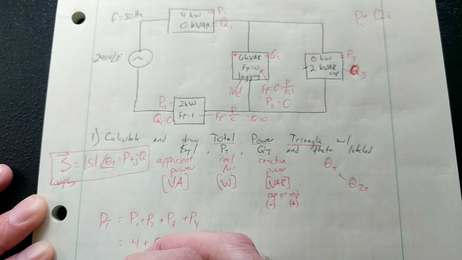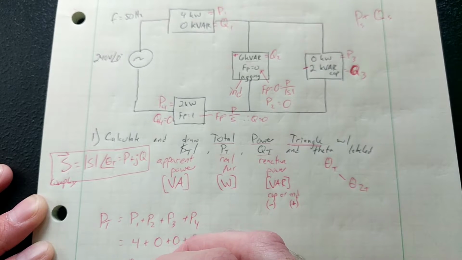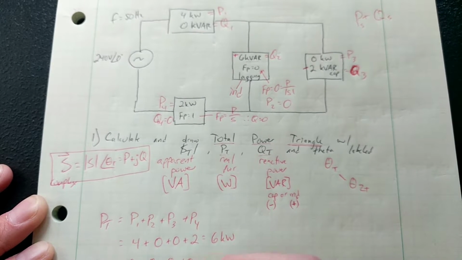Q total, I can just add them up. Q1 plus Q2 plus Q3 plus Q4. That's equal to 0 plus 6 minus 2 plus 0, which gives me 4 kVAR.